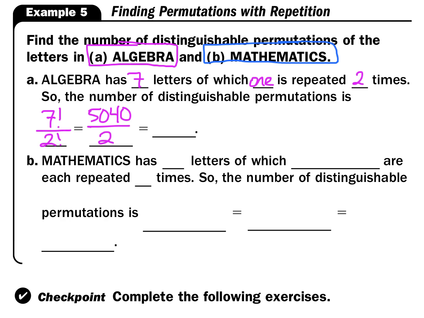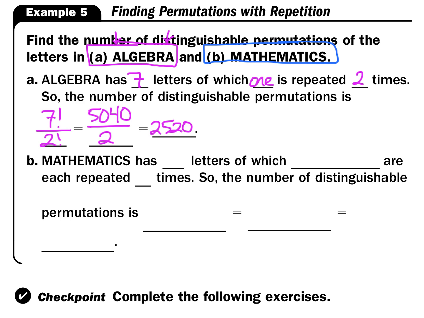And so when we perform that operation, we get 2,520. So there are 2,520 different ways we could rearrange the letters in algebra, and because of the repeated A, that actually reduces the number of possible ways that we can do it.